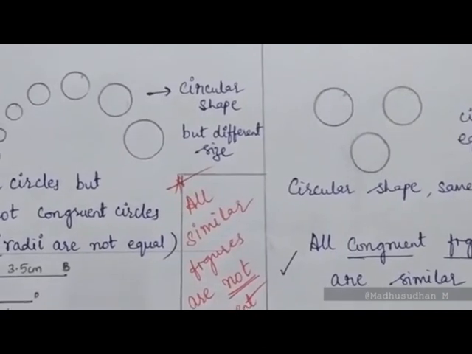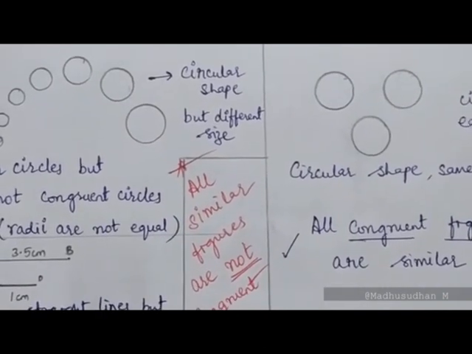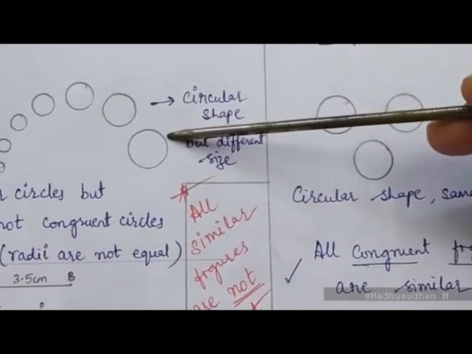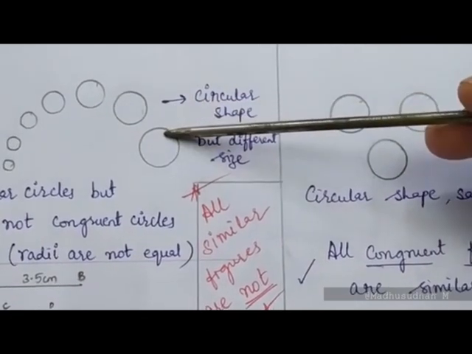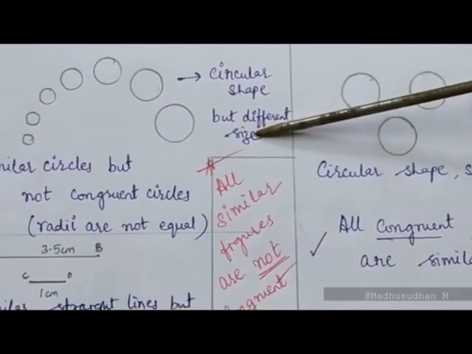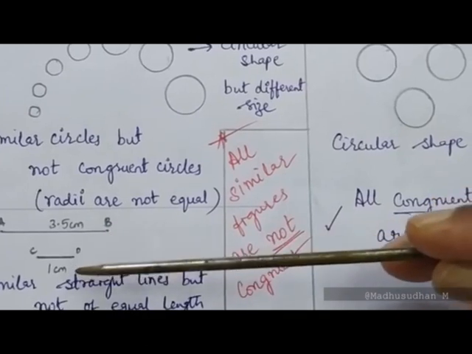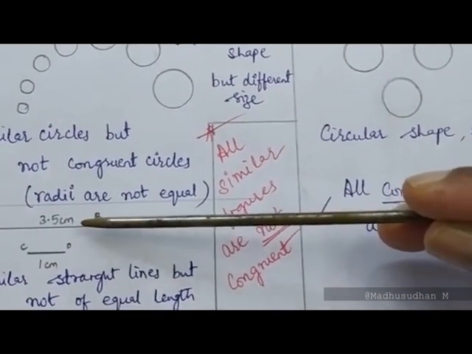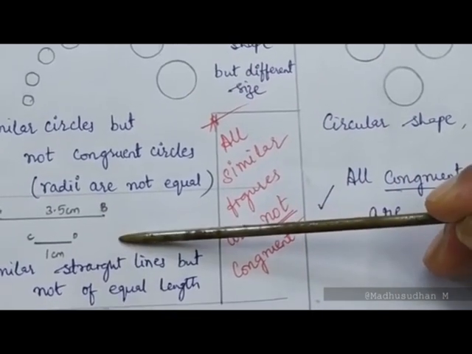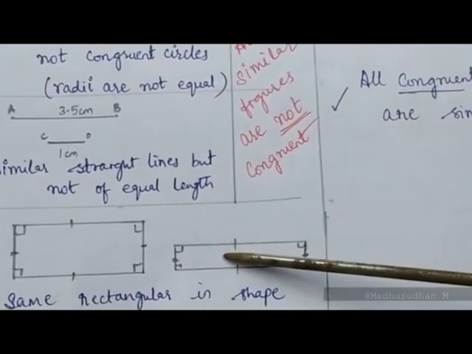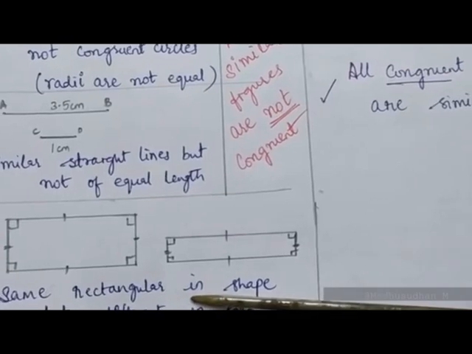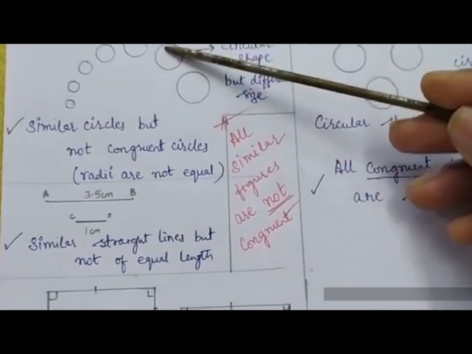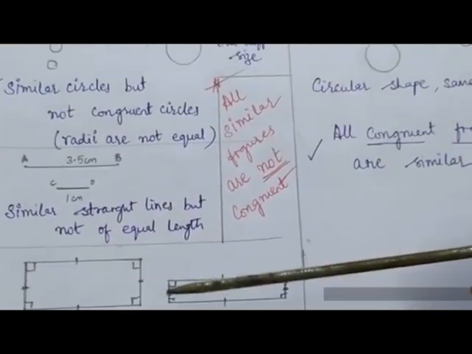So the last points to conclude. In similar figures you can find as many circles drawn here. These are circular in shape but differ in size, and you can find two straight lines with different measurements. They have the same shape but a different size. Two rectangular shapes but different in size. So all these similar figures are not congruent.